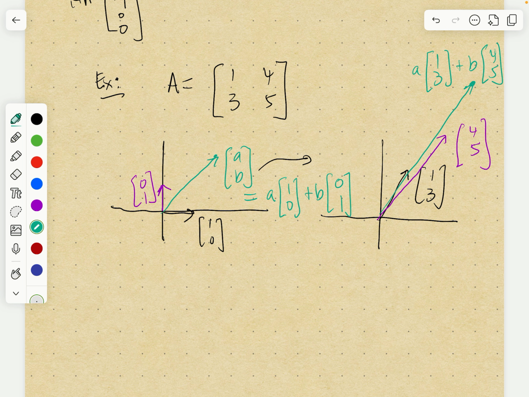By linearity, it has to go to a times the first output plus b times the second output.